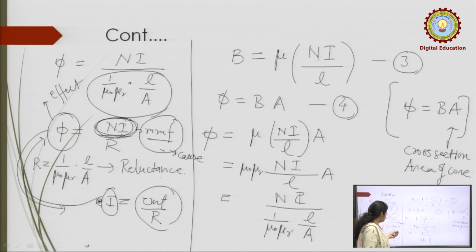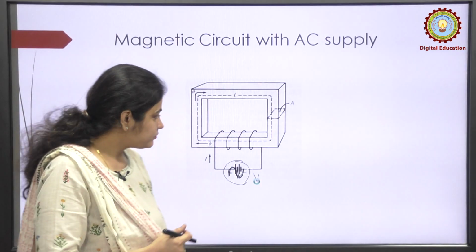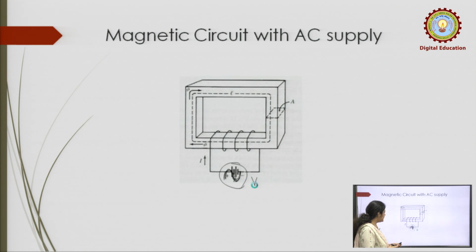Now we discuss the magnetic circuit with the AC supply. Here is the AC supply, this is not the DC. In an AC circuit, I have considered the magnetic core with only one coil with the AC voltage. When you apply the AC voltage, the current will start flowing, and this current is sinusoidal in nature.